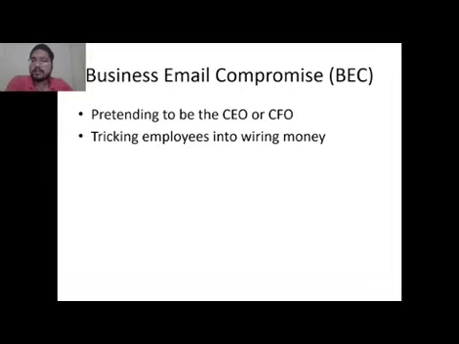No malware is used, only social engineering. In 2022, BEC scams cost companies over 2 billion globally. That is a huge number. In BEC we face these types of scams.